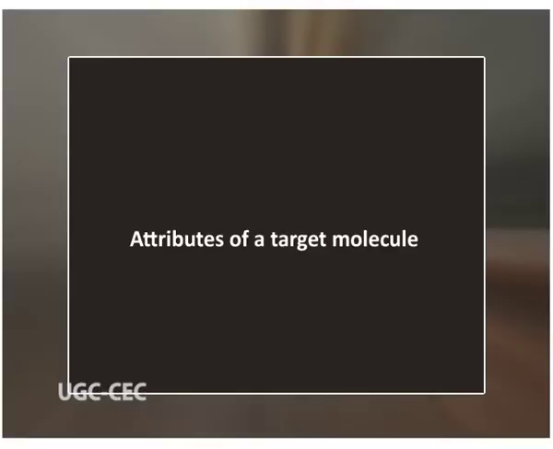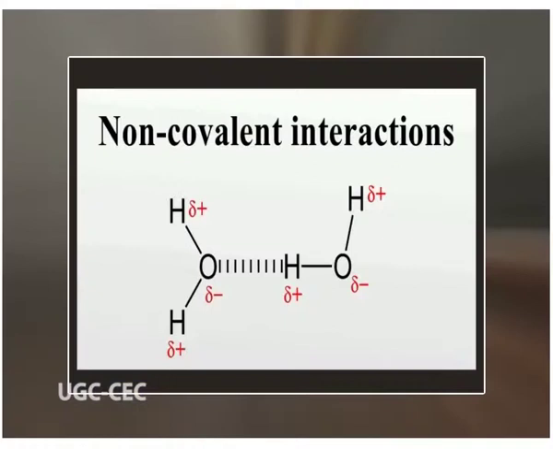Number first is attributes of a target molecule: it must possess appropriate reactivity or steric configuration for non-covalent or covalent interactions and must be exposed to a sufficient concentration of the toxicant.